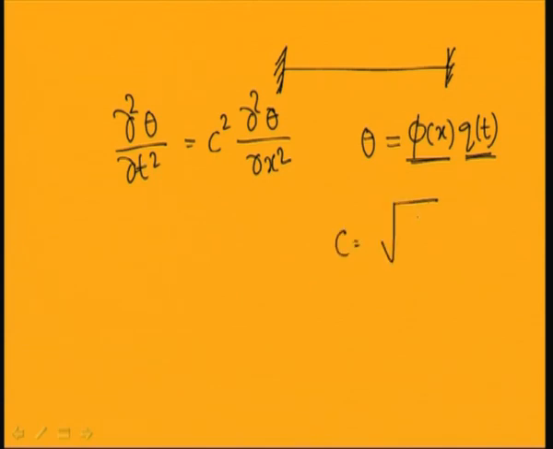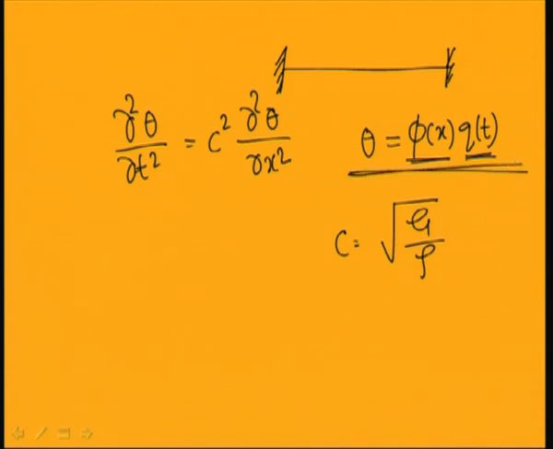Here G is the rigidity modulus and rho is the inertia per unit length of this system. This is the wave equation, and we have already obtained its general solution.